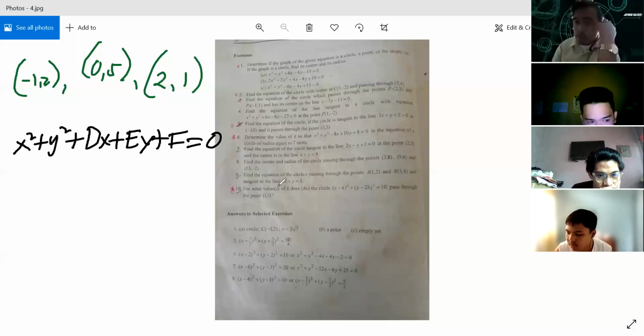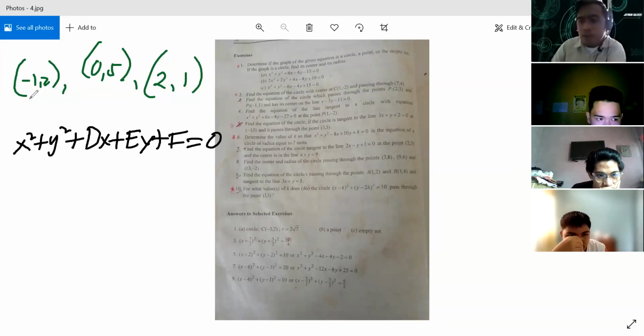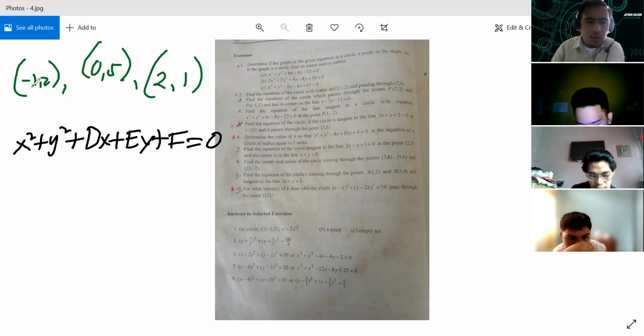And just bear in mind, if this point is a point of your circle, then you can substitute that in x and y. So if you're going to do that, katong giingon ni Aaron ganina nga maghimo og equation.